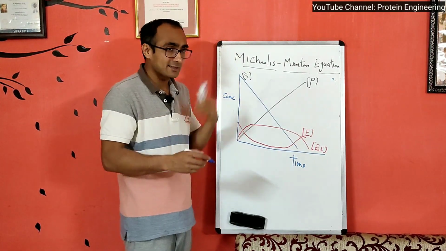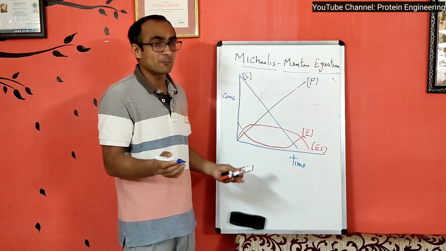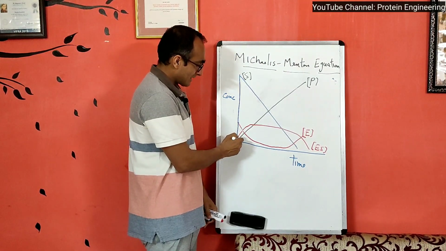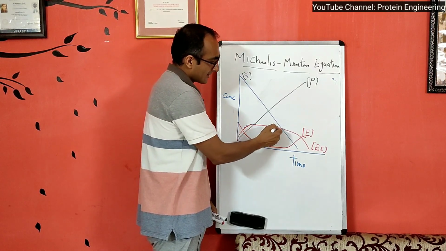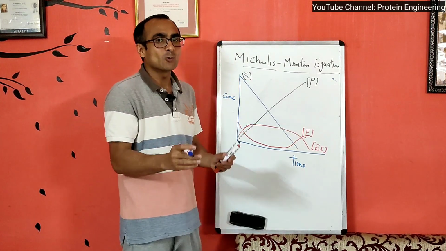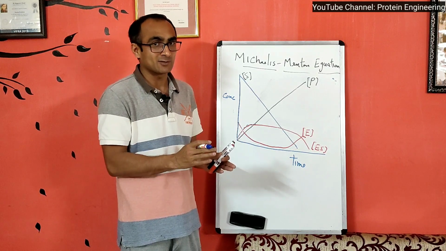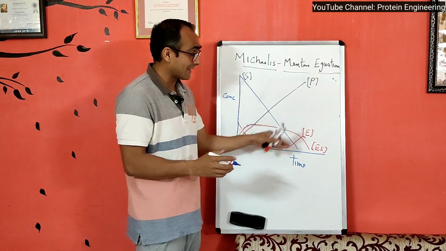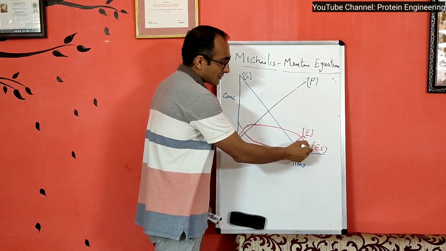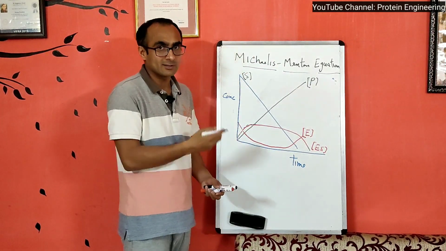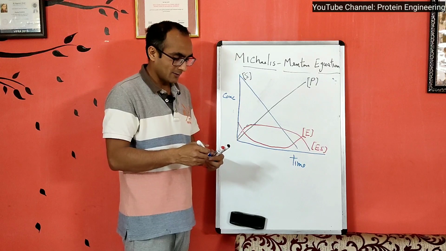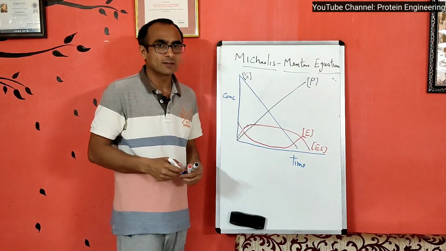Similarly, for the ES complex, at 0 time there is no ES complex. With time it increases, goes up, and remains constant only as long as enough substrate is available. When the substrate is exhausted, the ES complex also comes down. So that's how it represents the concentration of different components of an enzyme catalyzed reaction with respect to time.